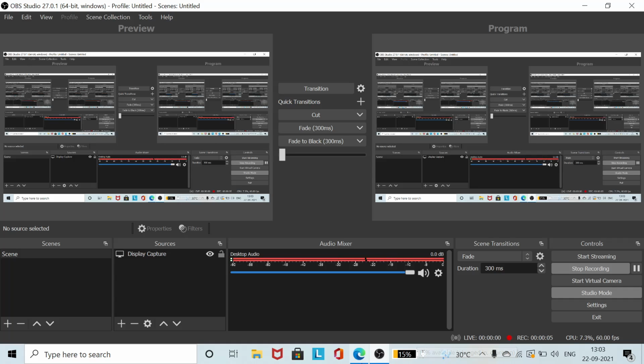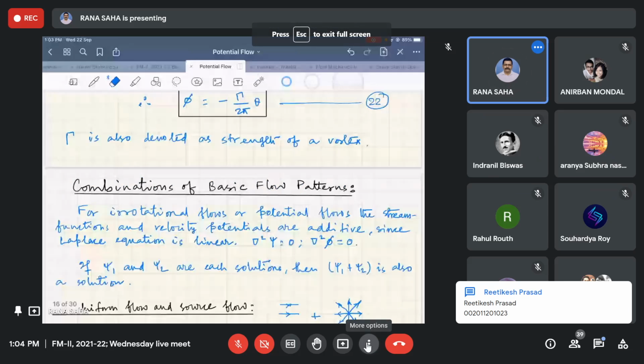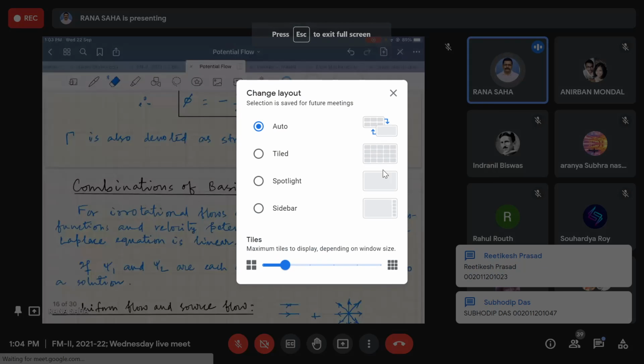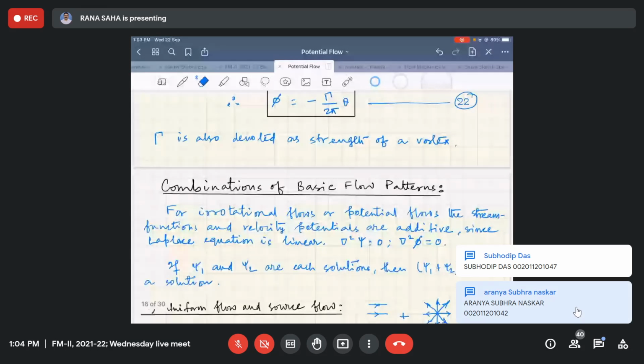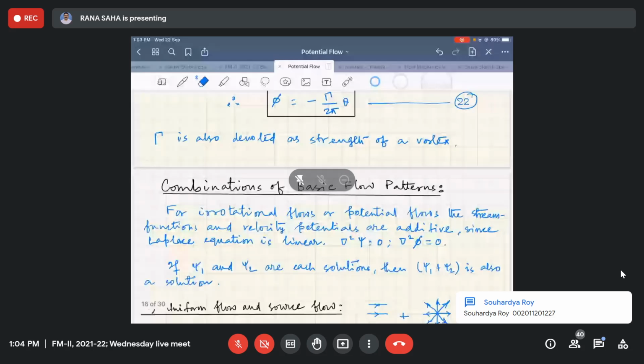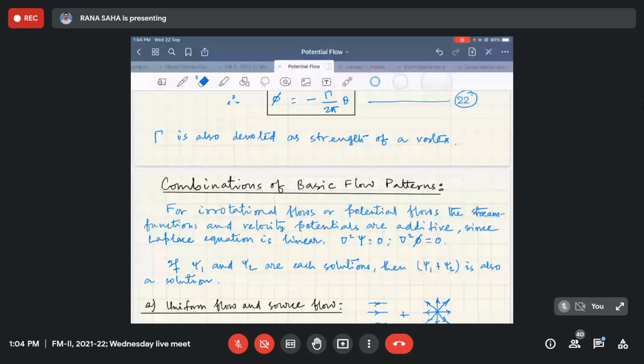After having the understanding of basic flow patterns, we actually need to combine them, because the two functions, the stream function and velocity potential, both satisfy the Laplace equation, which is linear.